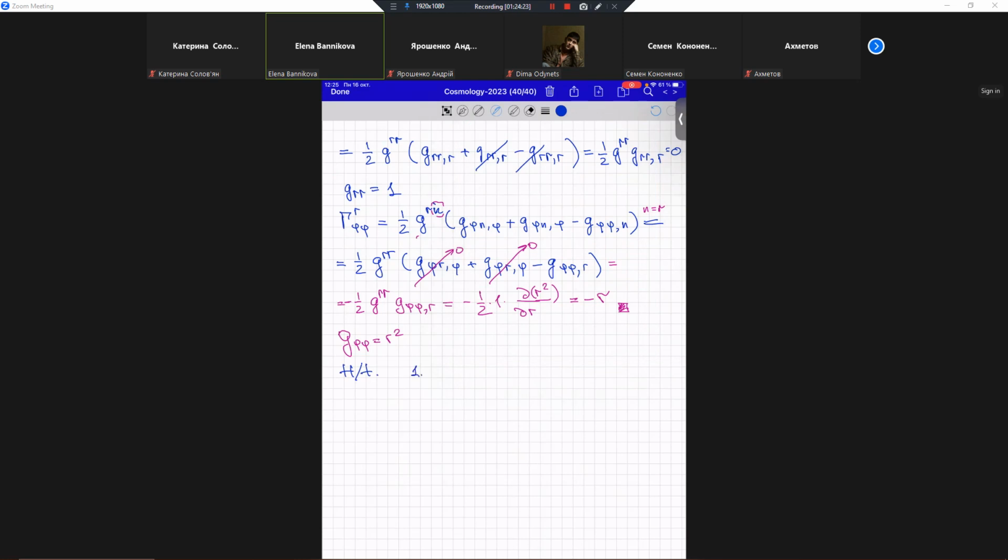First, please obtain the other components of the Christoffel symbols, all of them, for this space, for this coordinate system. Please write all the solutions for the Christoffel symbols for all indexes.